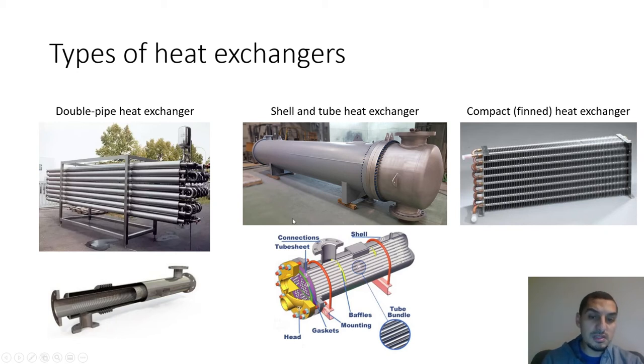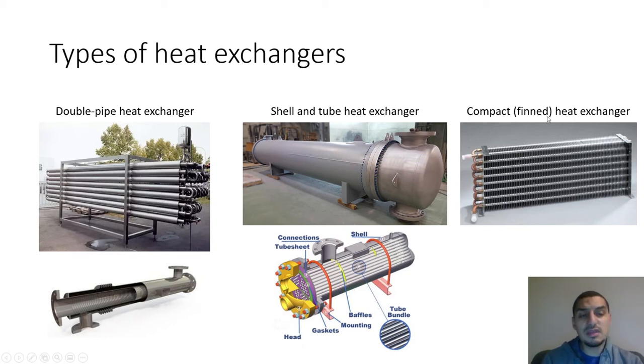The shell and tube heat exchanger is kind of similar, but instead of having only one tube inside, we will have a tube bundle. It's a set of tubes that is arranged as we see here inside this big shell. And this of course offers larger heat transfer area than the area that we have available in such a case.